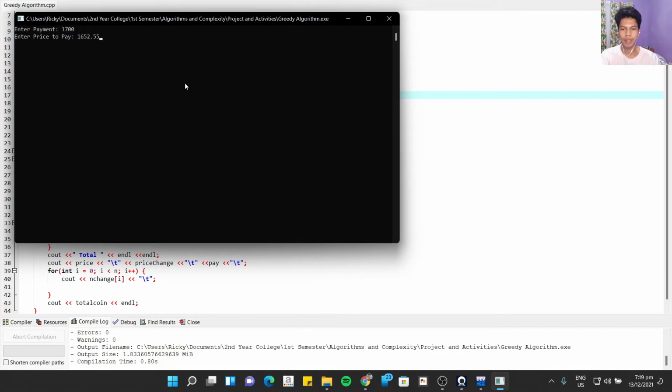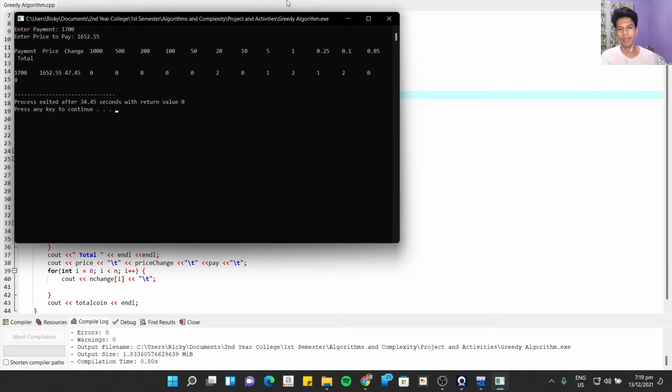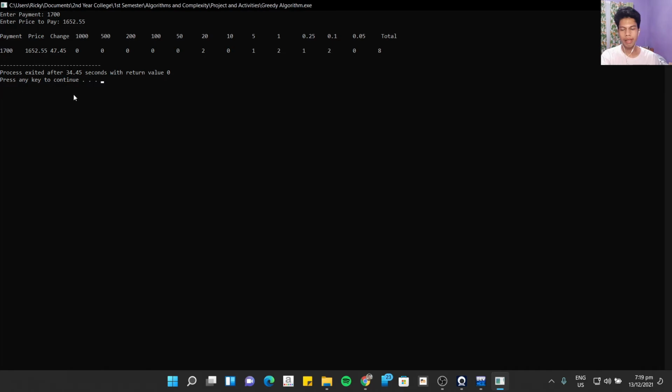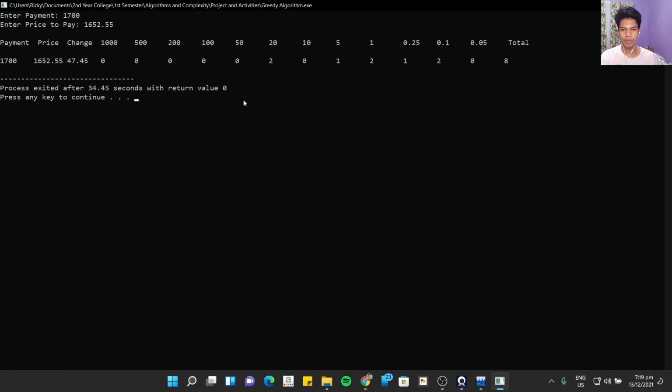Upon entering, as you can see, same as the first problem, you can see the cash payment of the customer given to the cashier, the total price to be paid, and the change.